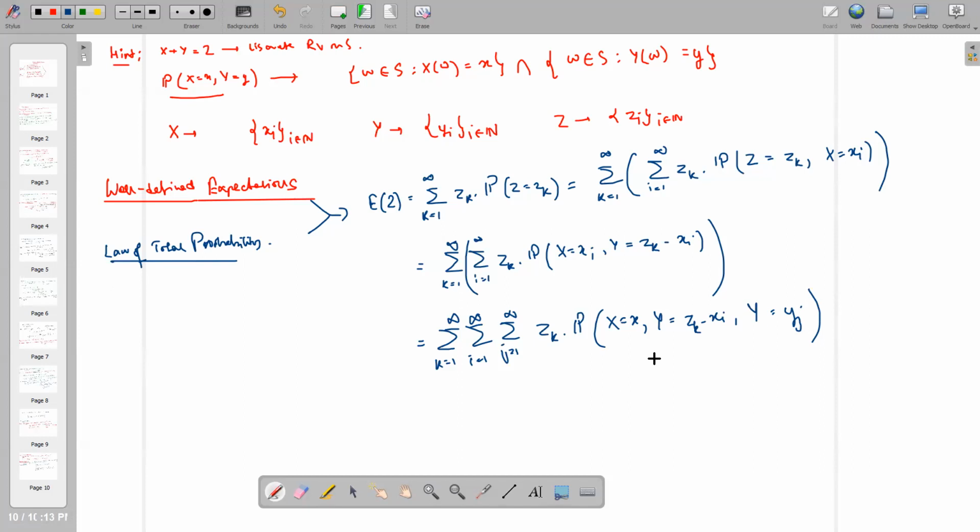Now you see that this is a very absurd probability, right? So this would be 0 unless zk minus xi is yj. Now for each pair of i and j, this will be non-zero for only one value of k, right?